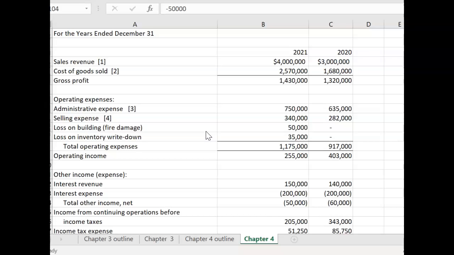The requirement: prepare a multi-step income statement for the Reed Company for 2021, showing 2020 information in a comparative format, including income taxes computed at 25% and earnings per share disclosure, assuming $30,000 of outstanding common stock.